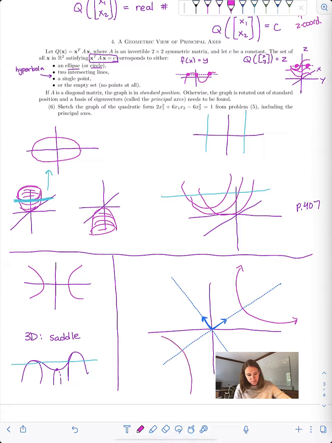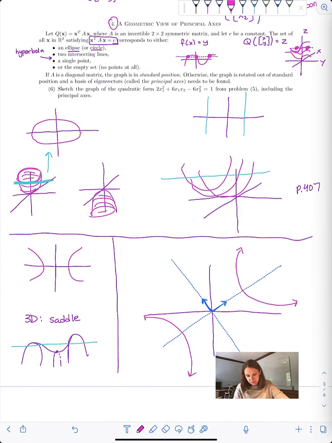I would not hold you responsible for it, because there's a lot here, at least for section 4 of 7.2. The rest of 7.2 is fair game. But this is our hyperbola.